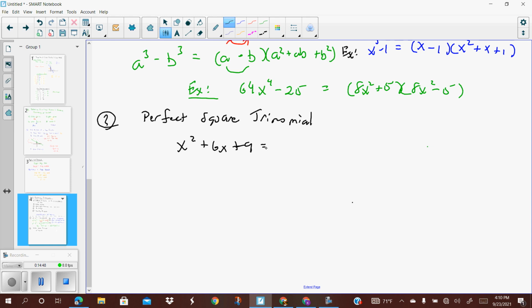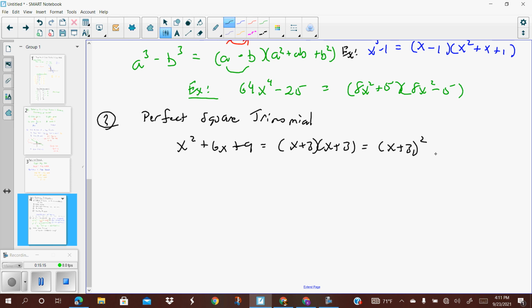If you were to factor this, you're going to end up with x plus 3 and x plus 3. And I'll tell you how we get to that in a second, which is the same thing as x plus 3 squared. So hopefully now you can see that that makes a perfect square. X plus 3, the quantity squared, is now a perfect square. So the question is, how do you figure this out quickly and easily?